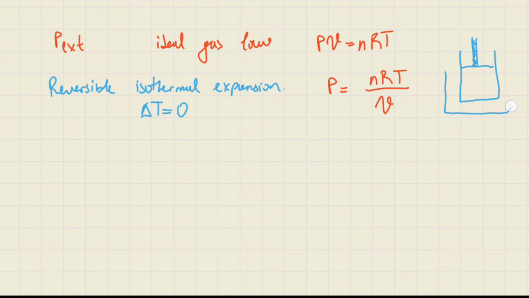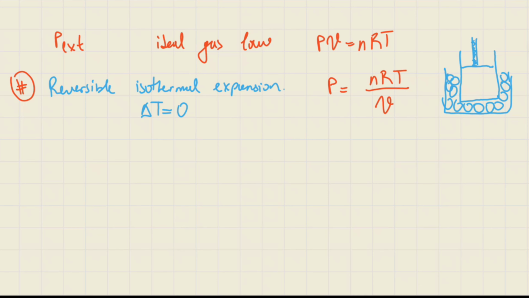So we have an ice bath here, for instance. We have ice particles, and the temperature of the piston, whatever we do, will stay the same. And we want to move the piston slowly so as not to make an experimental error. So delta T equals 0. I am talking about the reversible isothermal expansion.